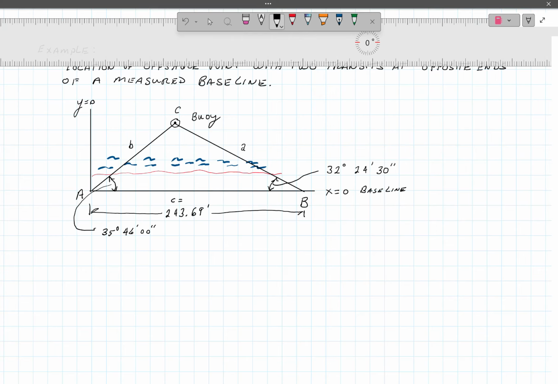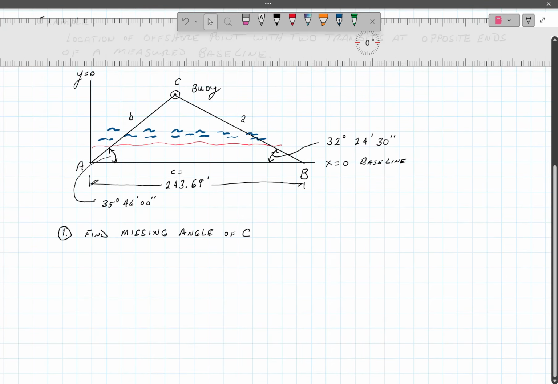Okay, so first step, and I'm going to label this 1, is find the missing angle of C. Okay, so we're going to start out with 180 degrees, but I want you to remember that that is equal to the triangle having 179 degrees, 59 minutes, and 60 seconds.